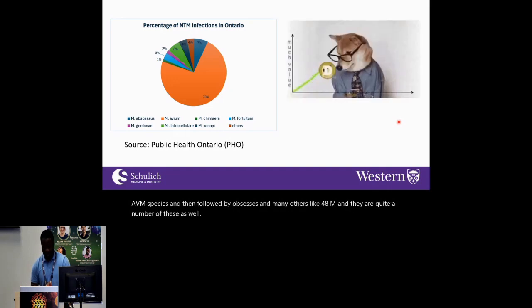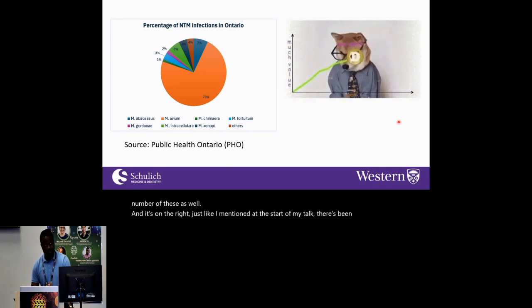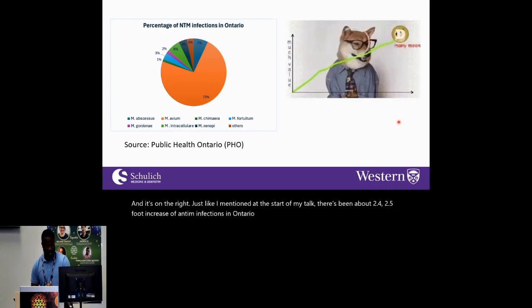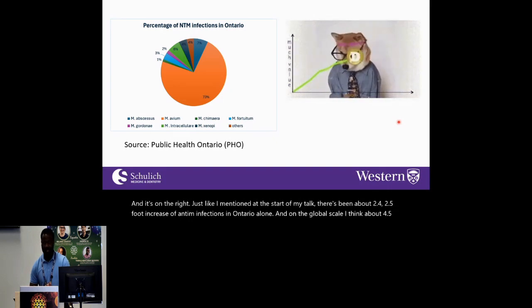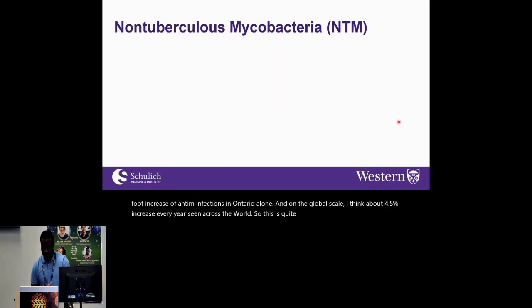And it's on the rise, just like I mentioned at the start of my talk. There's been about a 2.5-fold increase of NTM infections in Ontario alone, and on the global scale, about a 4.5% increase every year is seen across the world. So this is quite interesting.